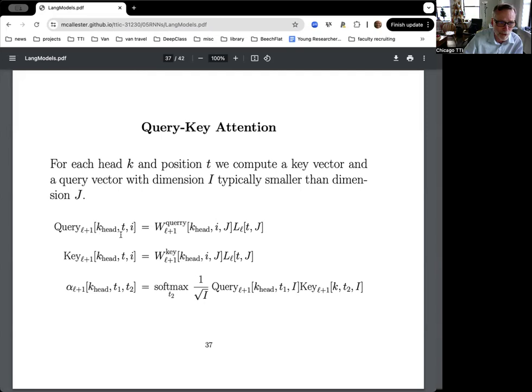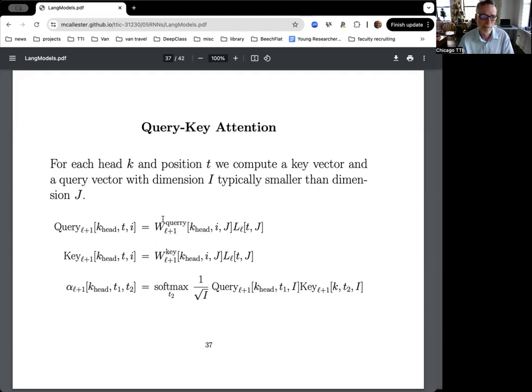So we're going to compute for a head and a position and a neuron a value. Or another way of saying that is for a head and a position, we're going to compute a vector of neuron values.